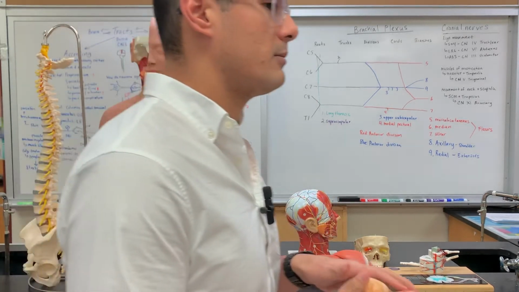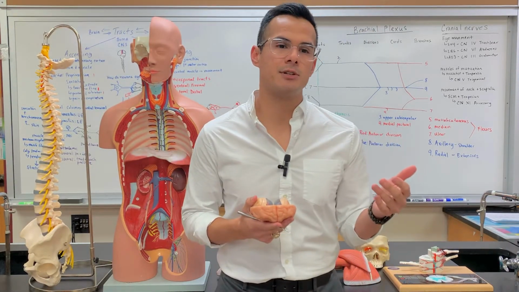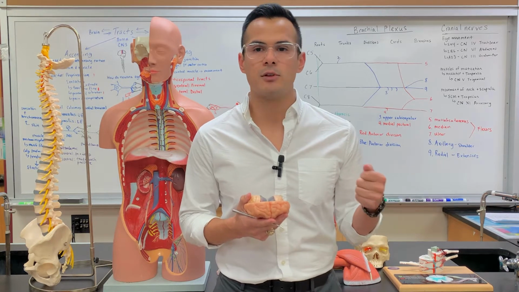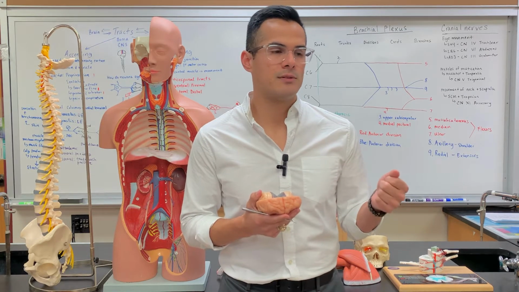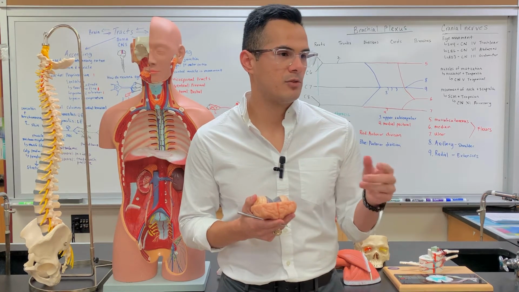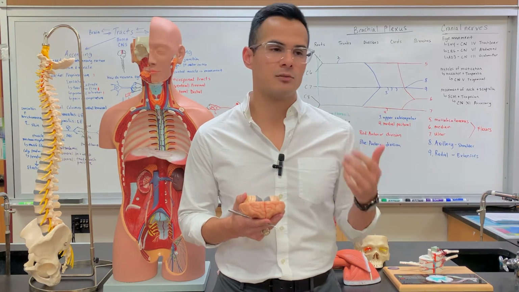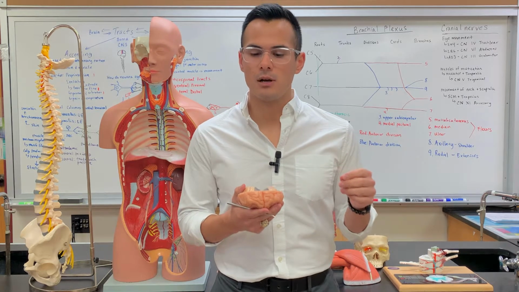Whenever we say motor versus sensory, the first thing that should come to your mind for motor is movement. For instance, some of the cranial nerves that are purely motor help with movement of the eye, moving the eyeball, and also some of the skeletal muscles on the axial skeleton. So that's for motor.